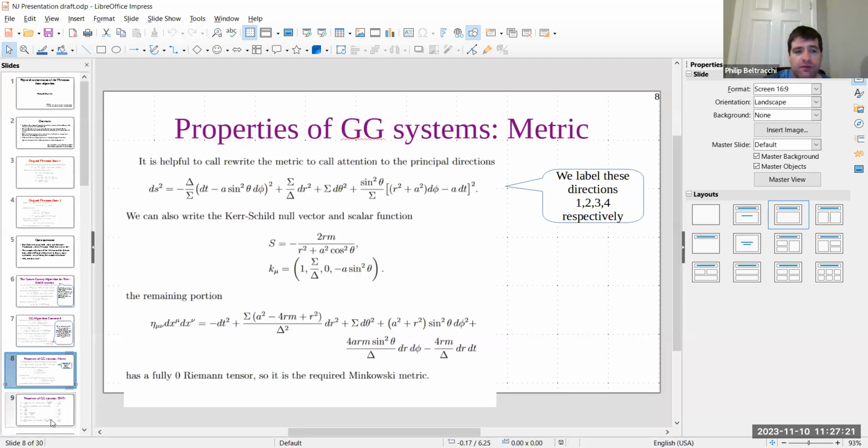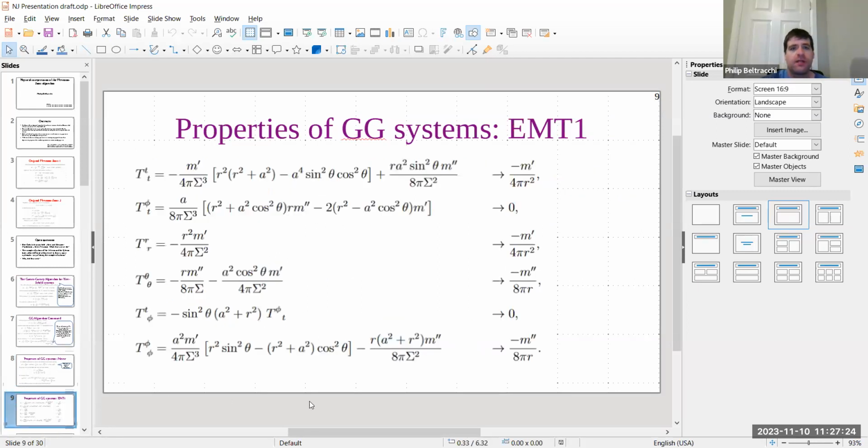Now that we have the metric out of the way, we can analyze the physical content through the energy momentum tensor. We have a block diagonal form in Boyer-Lindquist coordinates where the r theta block is already diagonalized. The t phi block has off-diagonal terms. If we take rotation to 0, we get that only the diagonal terms remain, and that the tt and rr components are degenerate, and the theta theta and phi phi components are degenerate.